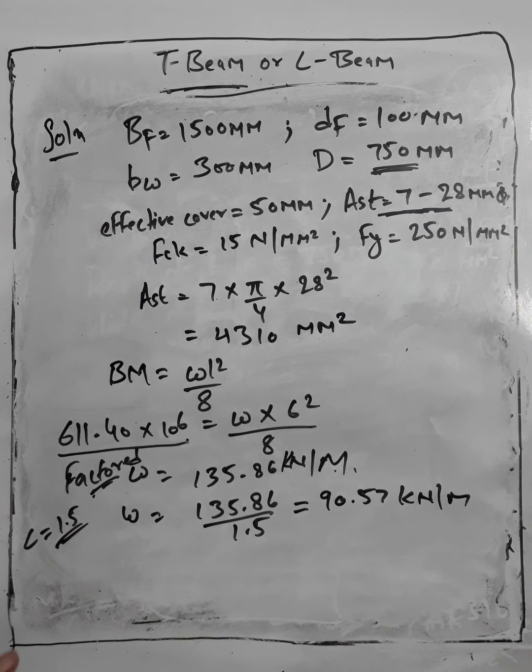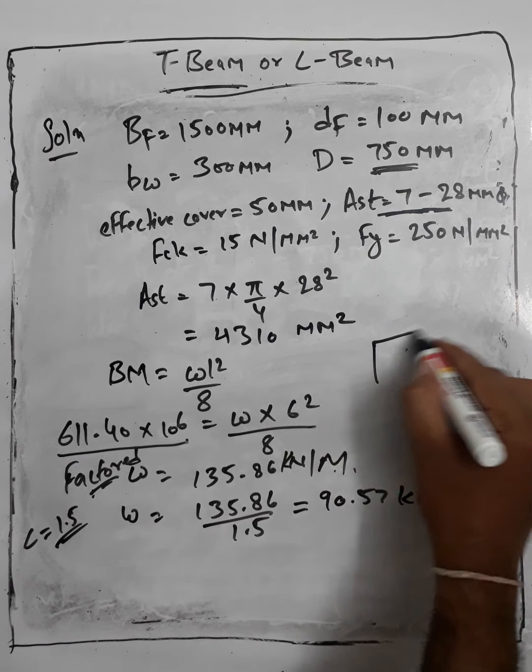So this is the load, but in this load we have included self weight, so we have to deduct self weight also. For finding the self weight, we need the dimension, and that dimension we have to multiply with density of concrete, and for RCC density of concrete is 25. So self weight of beam means here we count the beam part, this section only.